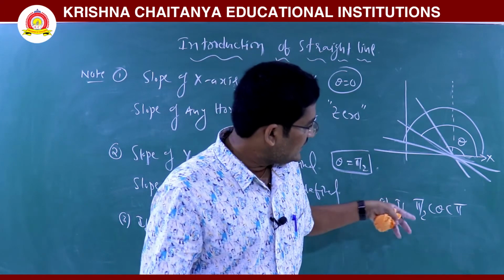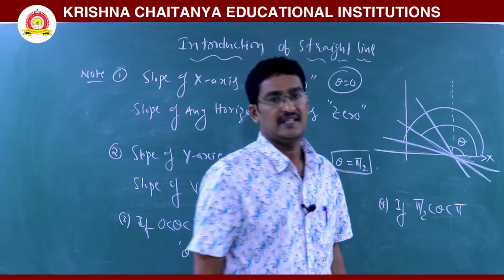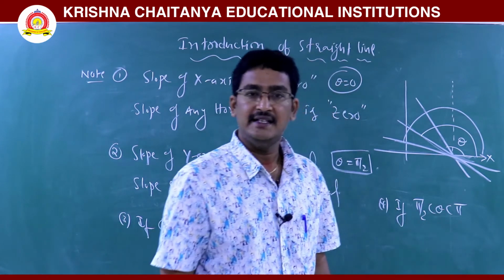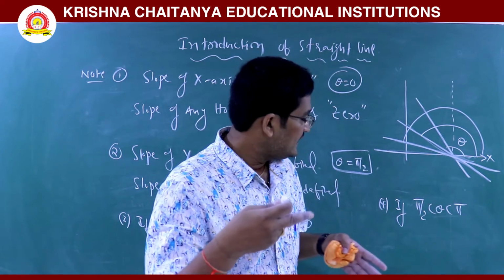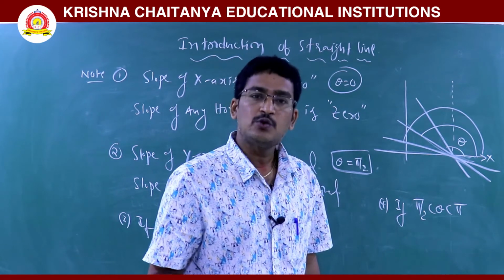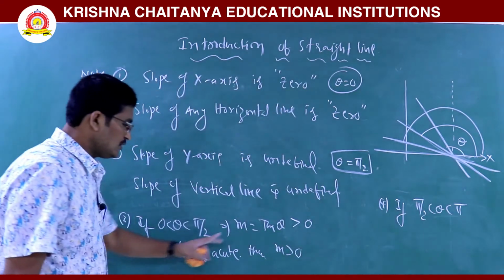So if theta lies between 90 and 180, what about tan theta? What is the slope of that line? Here the inclination is theta, so the slope of the line is tan theta. If theta is in the second quadrant, then tan theta is negative. Tan theta is negative means the slope is negative. If theta is acute, the slope is positive.